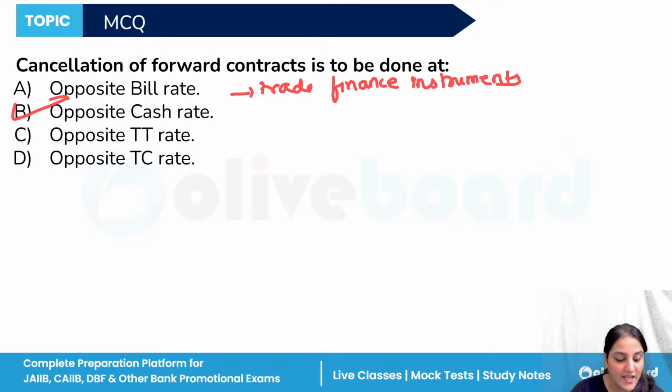So here the correct answer is B, opposite cash rate. And D is not the answer here, because this refers to the traveler's check rate, which is not applicable to forward contracts. So the correct choice is opposite cash rate. Okay.